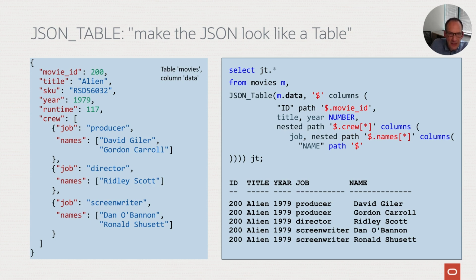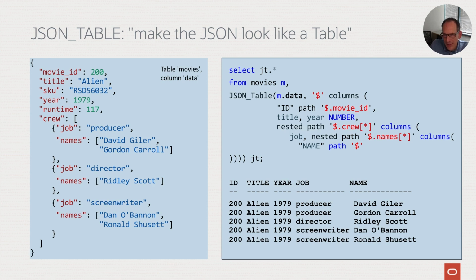We have these key value pairs, like title has the value alien, etc. But because it's JSON, you can arbitrarily nest these key value pairs. So for example, crew is not a single scalar value. Instead, it's a JSON array, or think of a list of values. And inside this JSON array, we have nested JSON objects, and they again have key value pairs. And again, there could be an array down here. So this is how a JSON hierarchy would look.